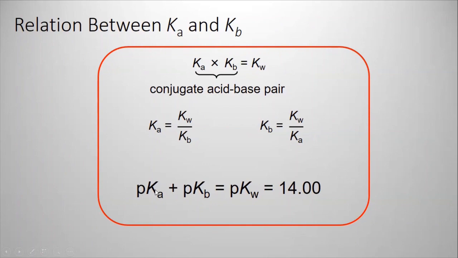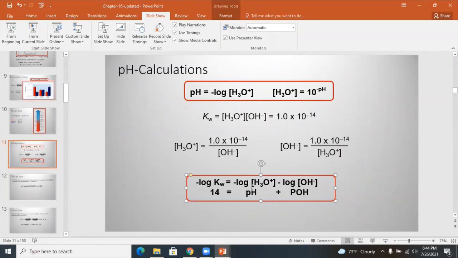And the same relationship applies: pKa plus pKb equals pKw, which equals 14. Ka will give you the hydronium ion concentration, and Kb will give you the hydroxyl ion concentration. This is how Ka and Kb relate to the acid strengths and the base strengths.